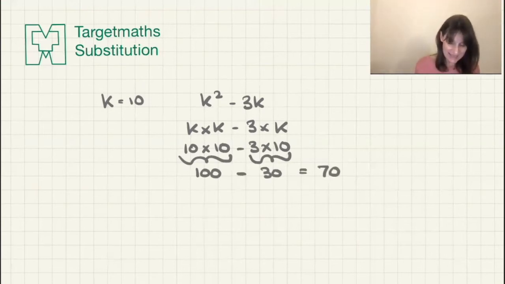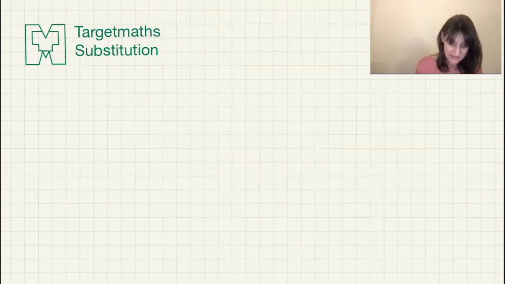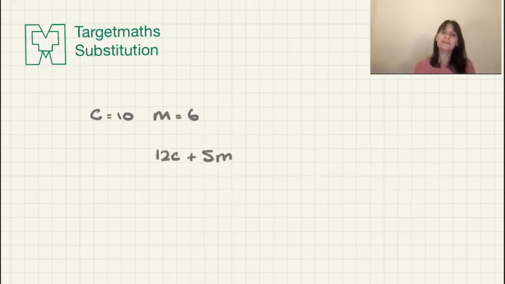Okay, right, let's do some different letters. This time we're going to say C is equal to 10, M is equal to 6, and you are going to work out for me 12C plus 5M. Okay, press play when you're ready.